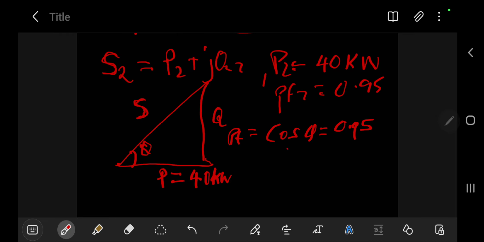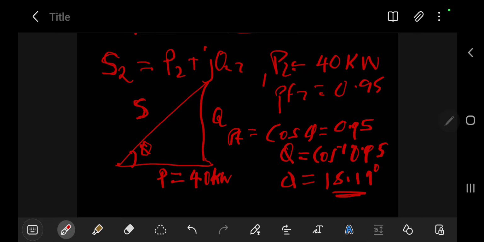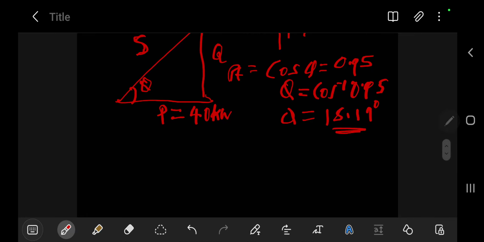So phi is cosine inverse of 0.95. If you put this on your calculator, cosine inverse of 0.95, you get 18.19 degrees. Okay, it looks okay.